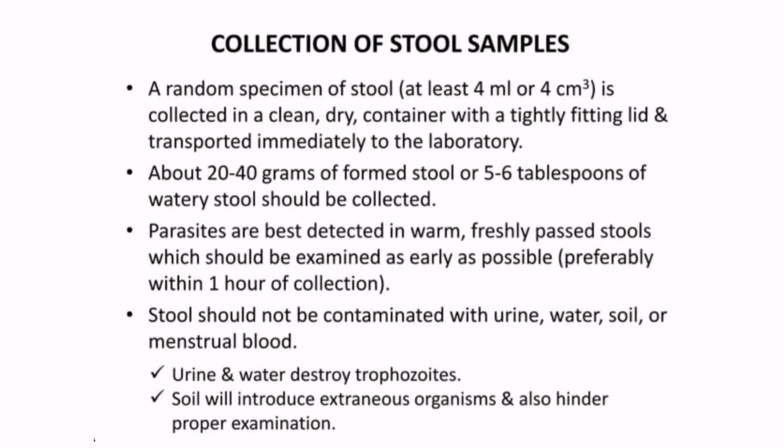Stool should not be contaminated with urine, water, soil, or menstrual blood. Contaminants may hinder the result of our fecalysis. Urine and water destroy the trophozoites, while soil will introduce extraneous organisms and also hinder proper examination of stool.